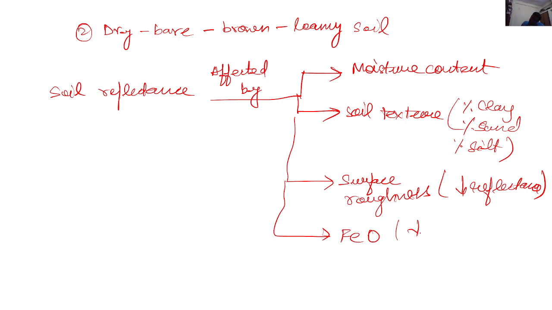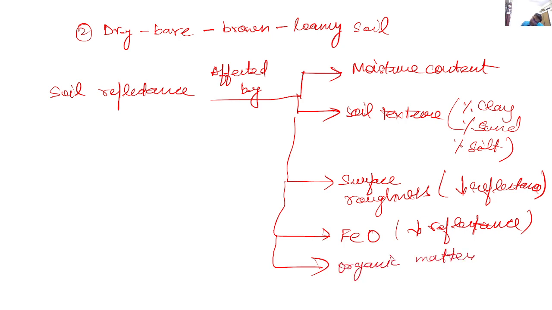Usually, that also decreases the reflectance. So, in a way, you can empirically find out the iron content in soil just by looking at the satellite image. There are certain cautions to be taken for it, of course, but this may be one way to find it out. Or organic matter content. Generally, an increase in the organic matter content would result in a decrease in reflectance.